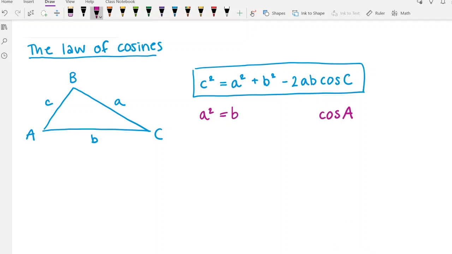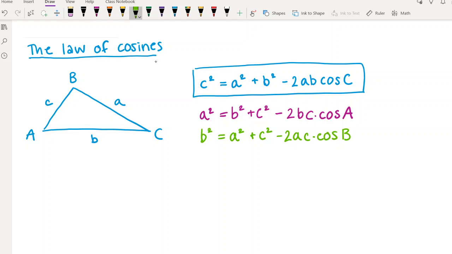So it would be B squared plus C squared minus 2 times B times C times cosine of A. Or from the perspective of B, you would have B squared and cosine of B, and the other letters left over are A and C. So you would have A squared plus C squared minus 2AC times cosine of B.